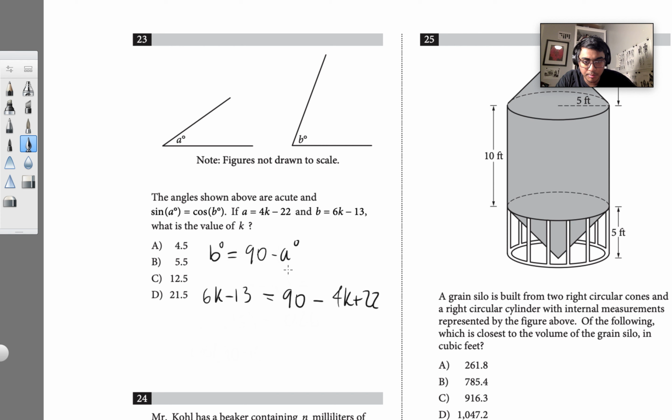So let's move the k's to one side and the constants to the other. So 10k is equal to 13 plus 90 plus 22, which is 125. So k has to equal 125 divided by 10, which is 12.5.